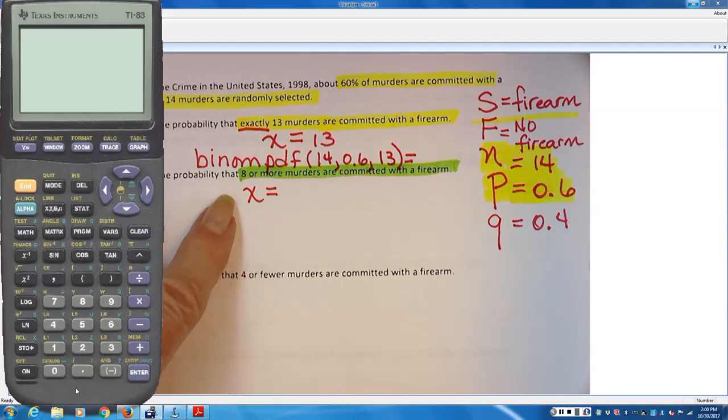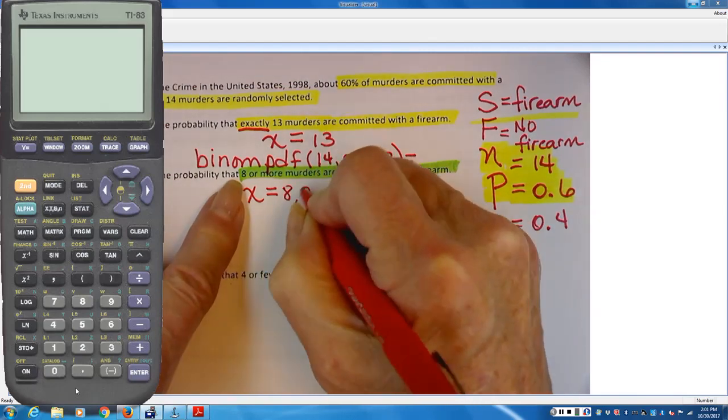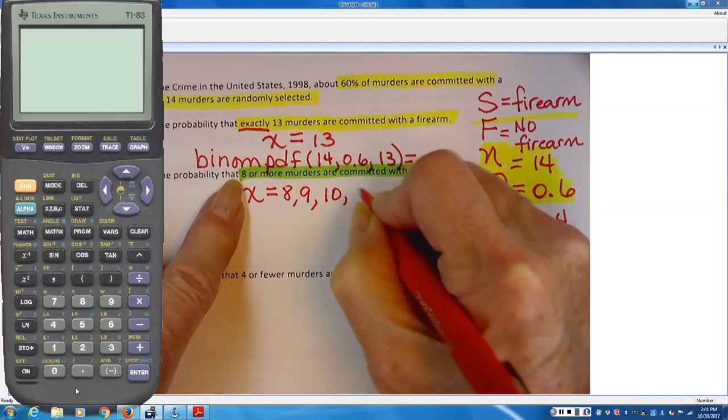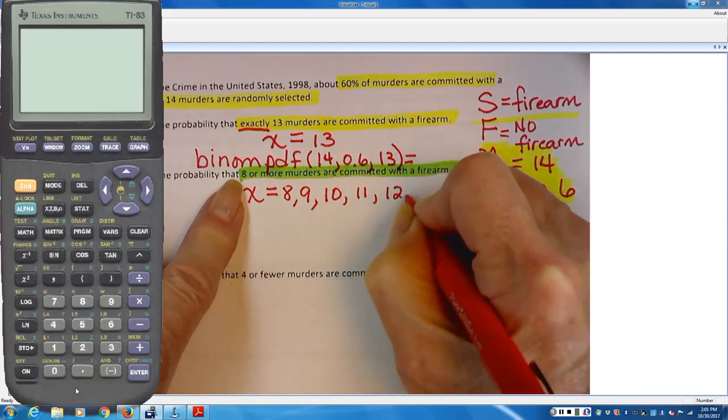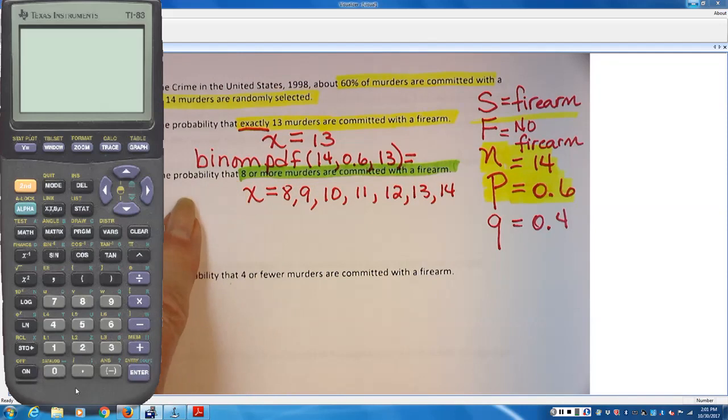So, what are the values of X? Not symbols. What are the numbers? Do you include 8? Okay. How do you write that in symbols?